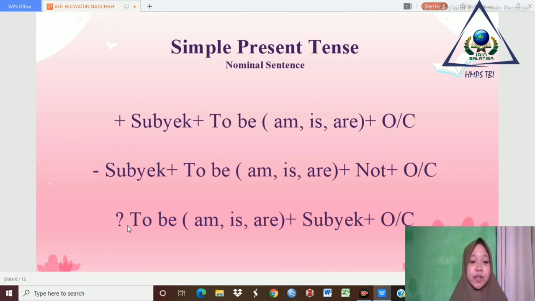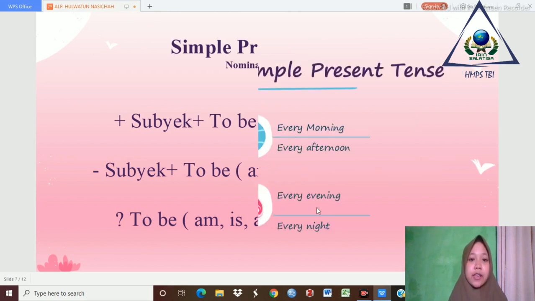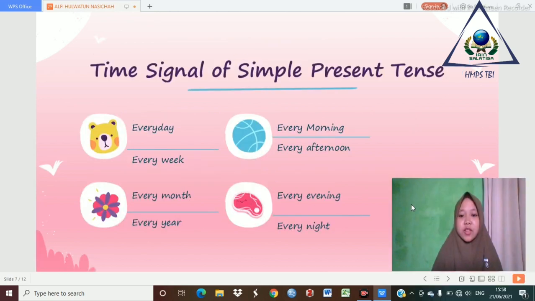And then the interrogative is to be, am, is, are plus subject plus object or complement. There are three to be here, that is am, is, are. Am is for subject I, is for subject he, she, and also it, and are is for subject you, we, they.